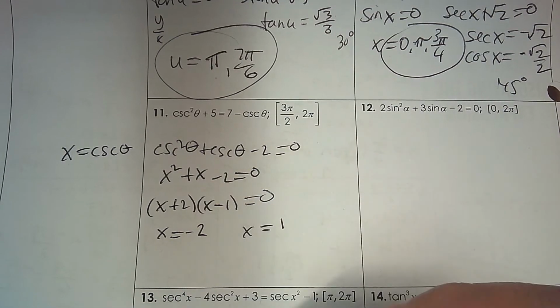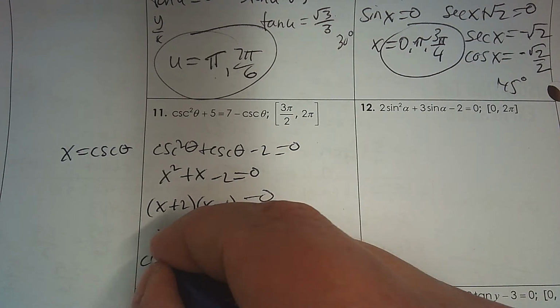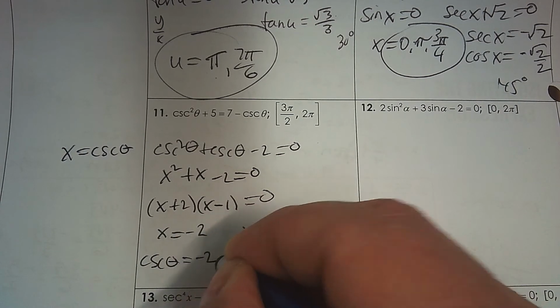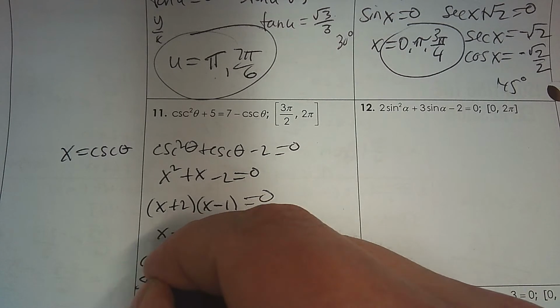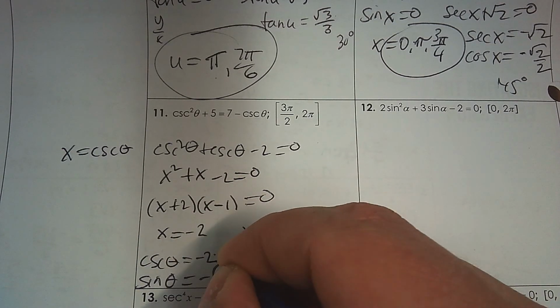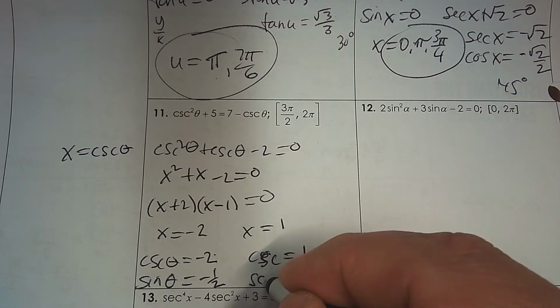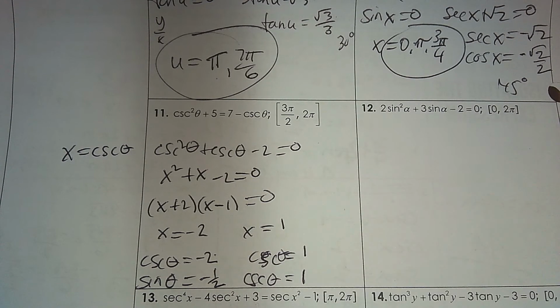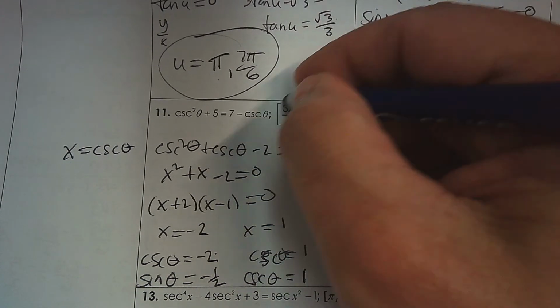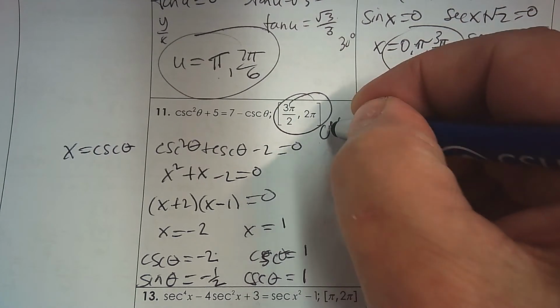Now you can plug back in. So that means cosecant negative 2 and cosecant 1. Now I'm going to do the reciprocal. So the reciprocal here would be negative a half, and the reciprocal here would just be 1. And then I need to know what quadrants. That's only quadrant number 4.